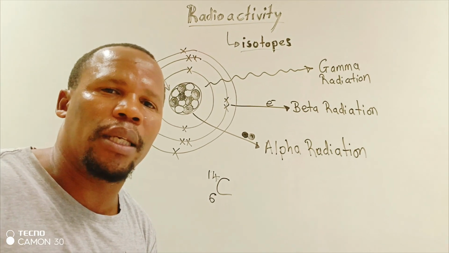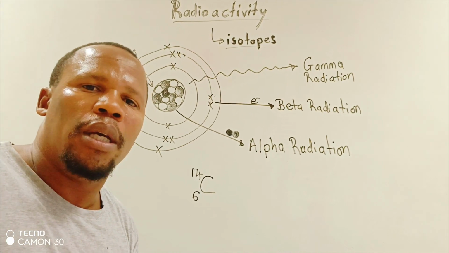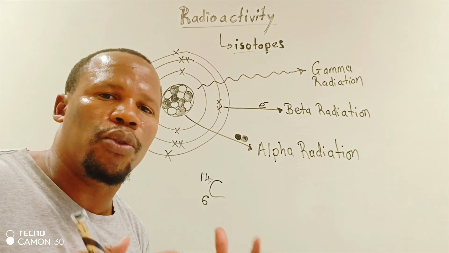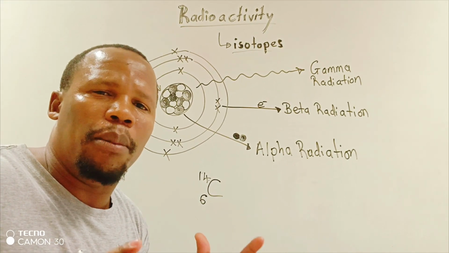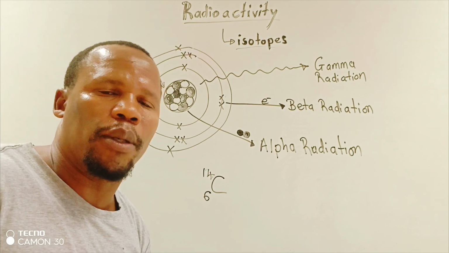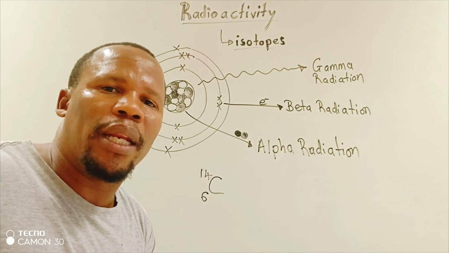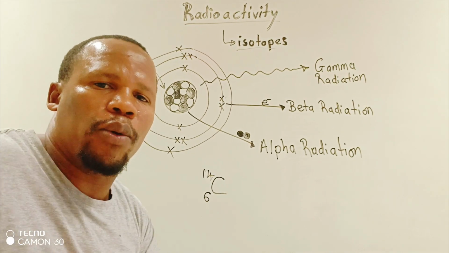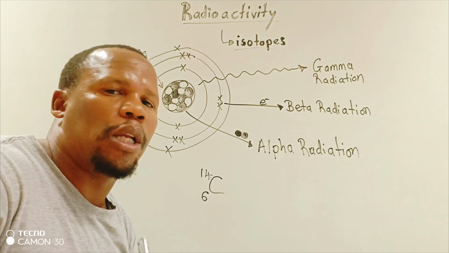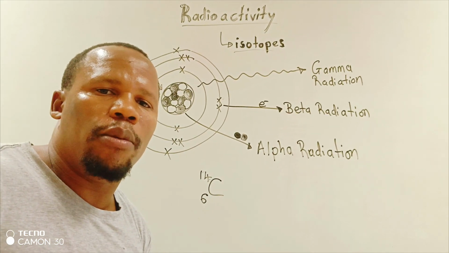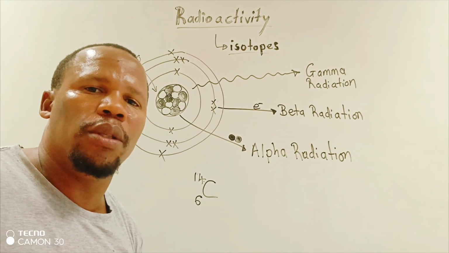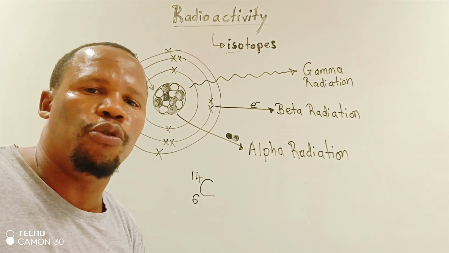The nucleus is congested, and that congestion leads to more energy being released from the nucleus. Rather, the nucleus is unstable, so energy will be produced.